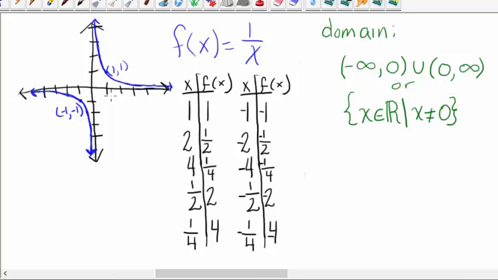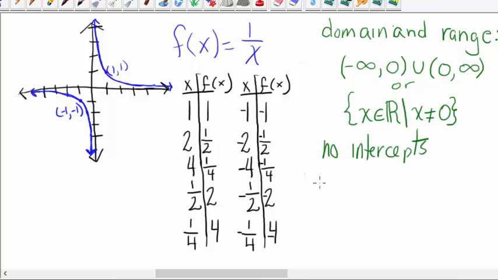You can see pretty clearly from looking at this graph that the domain and the range are the same. So the range is also every real number except for 0. There are no x or y intercepts in the reciprocal function. It doesn't cross either the x or the y axis.